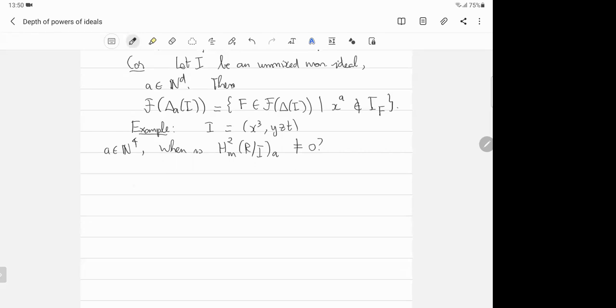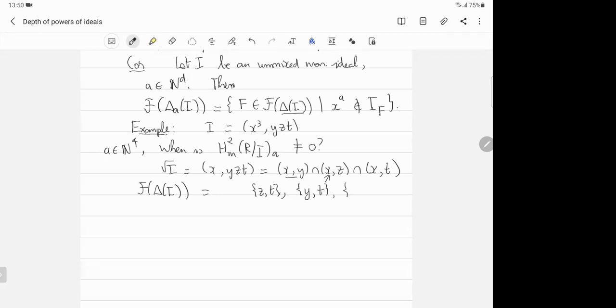If you use this formula, first we need to compute this complex, and it is obtained from this radical of I. It has this primary decomposition, and so you see the facets of delta I. This one gives you the facet ZT. This one gives you, taking the complement, the facet YT. And finally, the last one gives you the facet YZ.